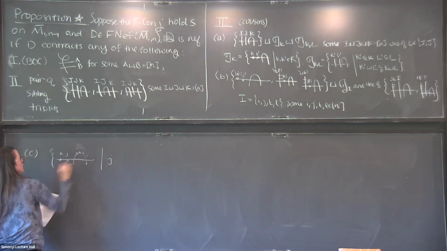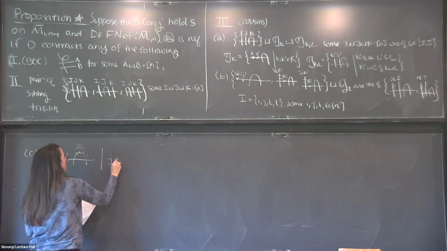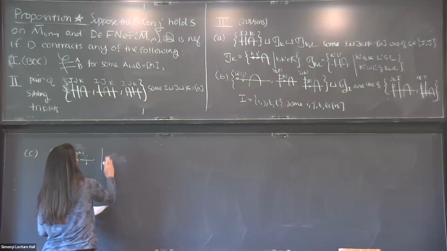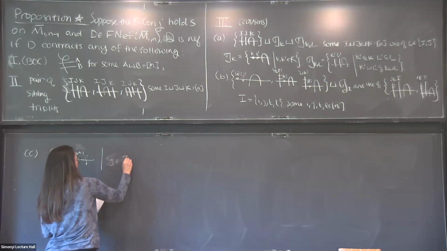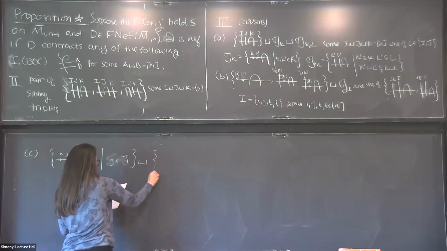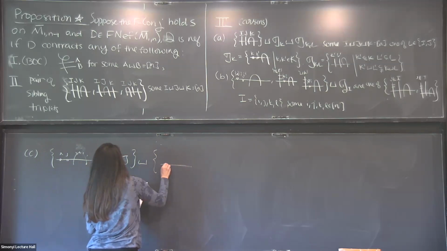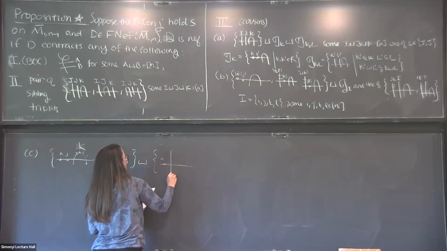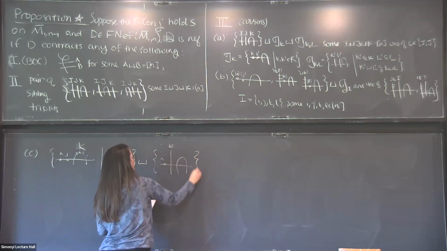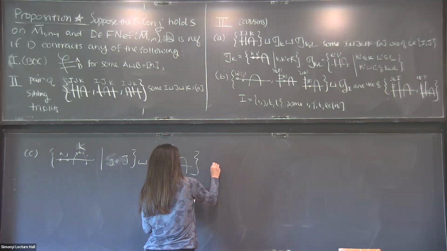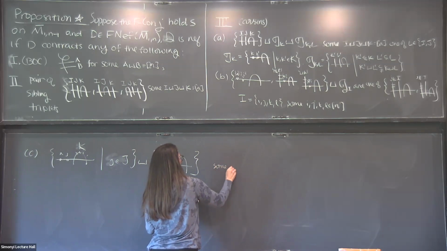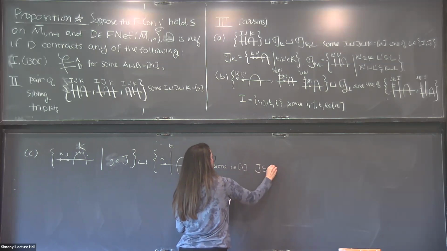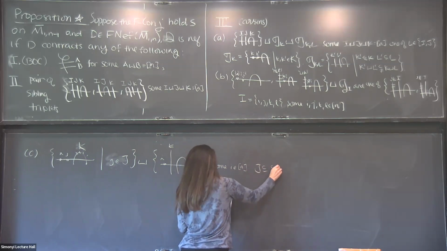When I don't label it, it just means the complement. This is J different than I. Oh wait, that's the last one, sorry. J and J, union, one more curve. So I'm going to call this K. I, K, and then the rest. And this is for some I and N, and a subset J of I complement.